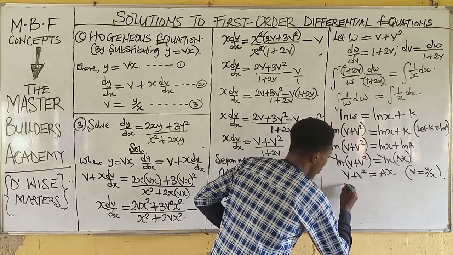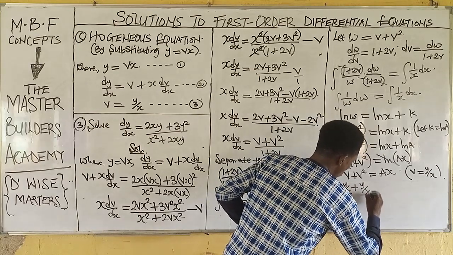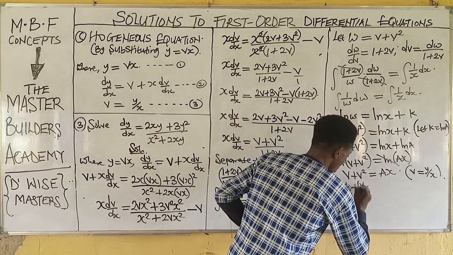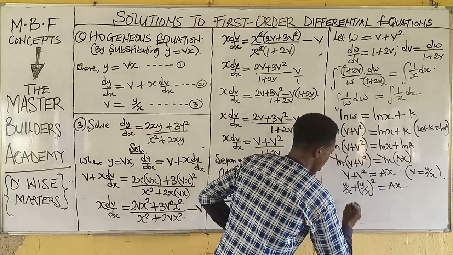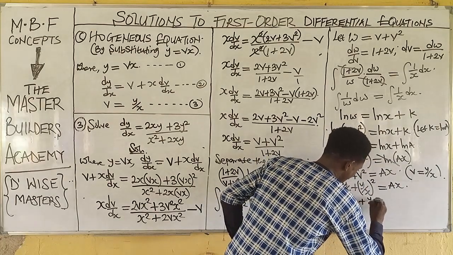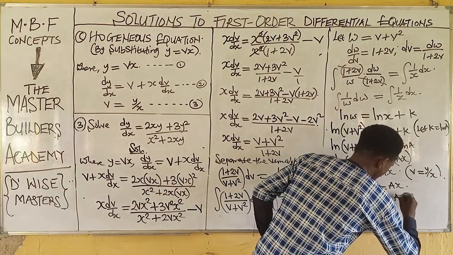Now we will come here. We have y over x plus y over x squared is equal to ax. Now this is giving us what? y over x plus y squared over x squared is equal to ax.